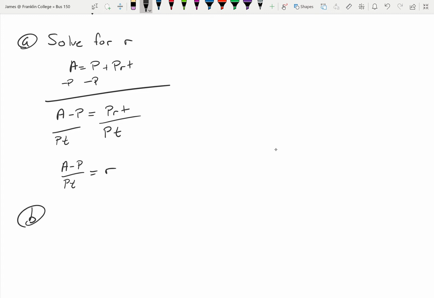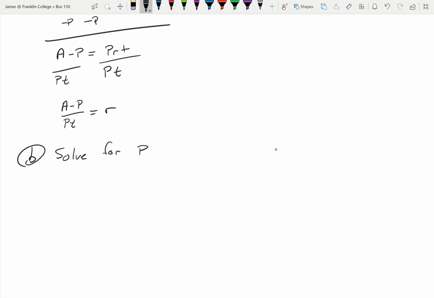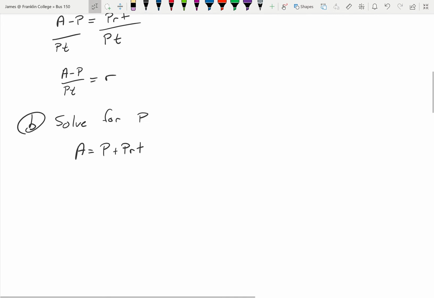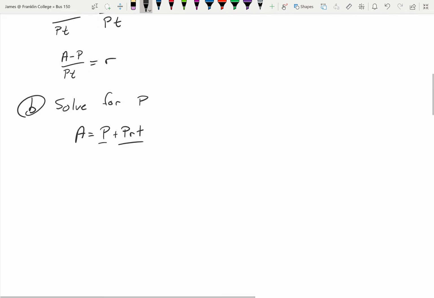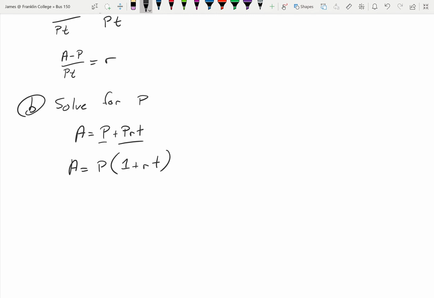Let's do another example where we want to solve for P. Remember, we still have A equals P plus Prt, but this time we're going to want to solve for the variable P. So on that right-hand side of the equation, we have two different terms that both contain a P. So we're going to need to factor out that P on the right-hand side. So we're going to get A equals P times (1 plus rt).